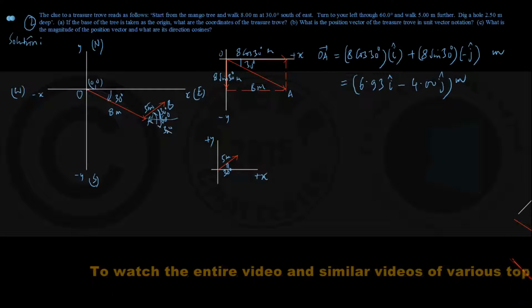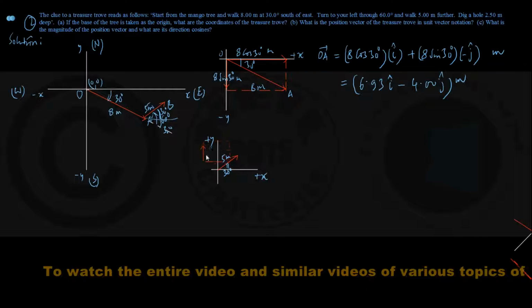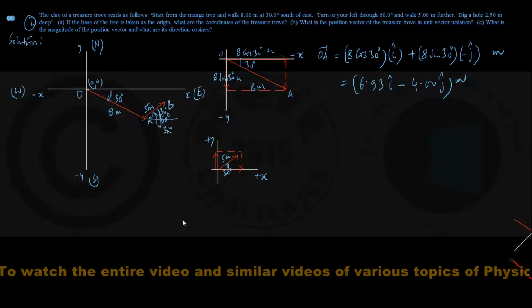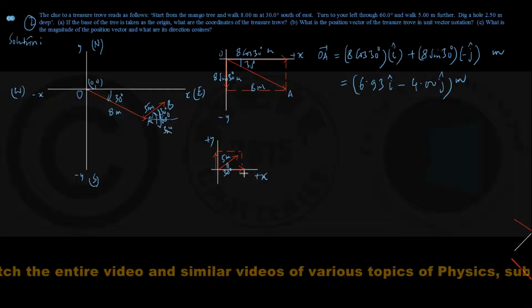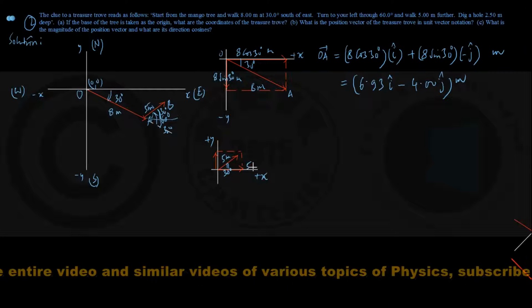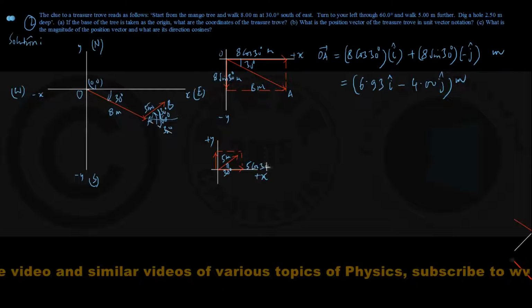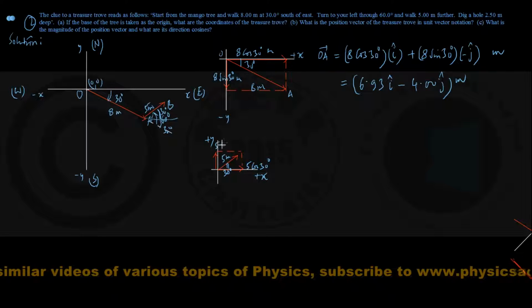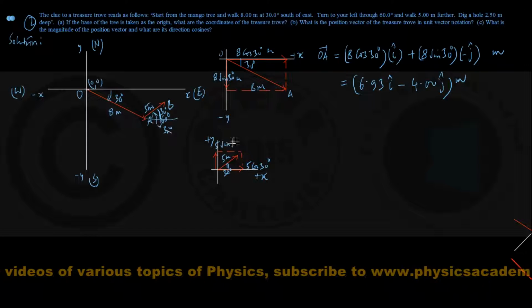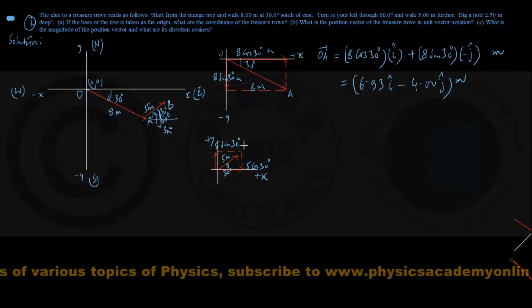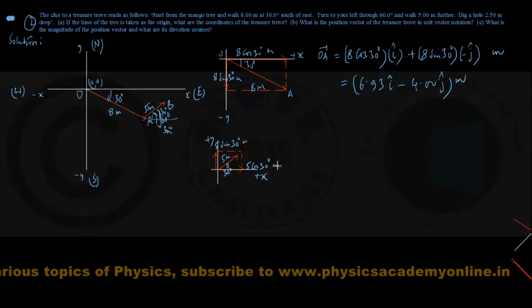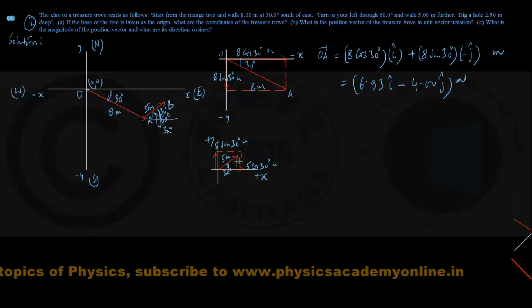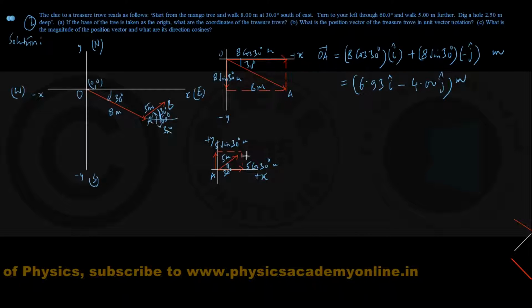The resolution of this displacement gives an x component of magnitude 5 cos 30 degrees meters, and a y component of magnitude 5 sine 30 degrees in meters, right? So let me write this. I'm calling it the AB vector, of course.